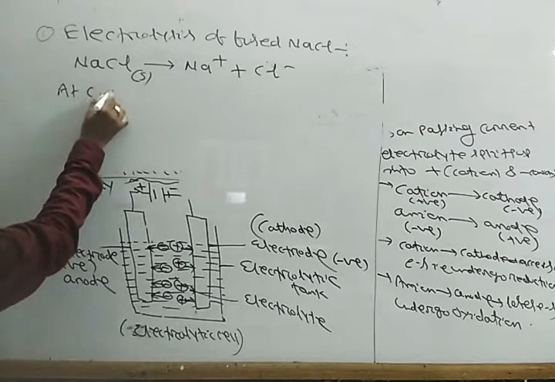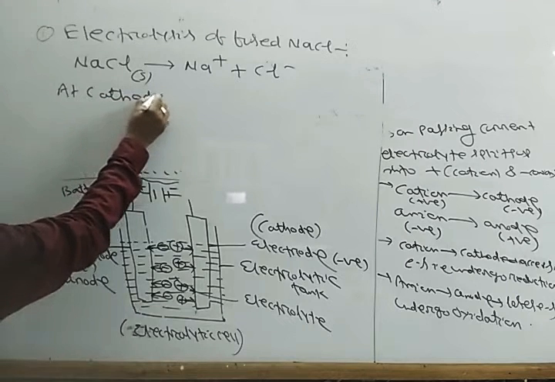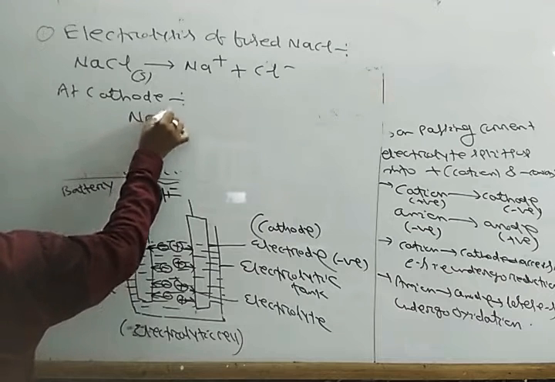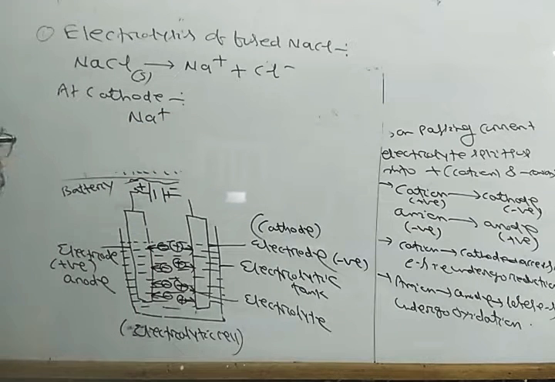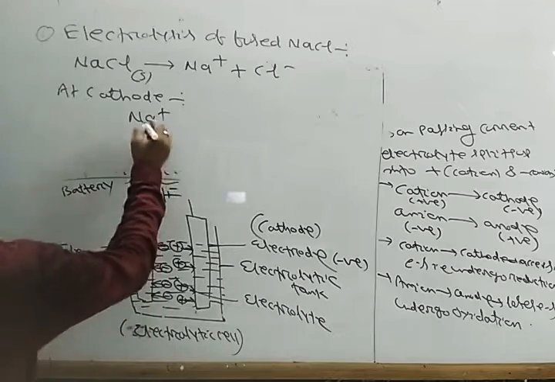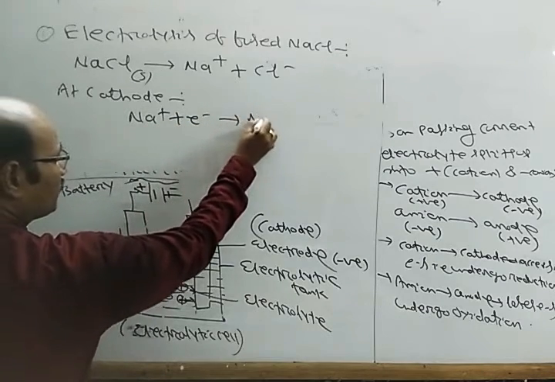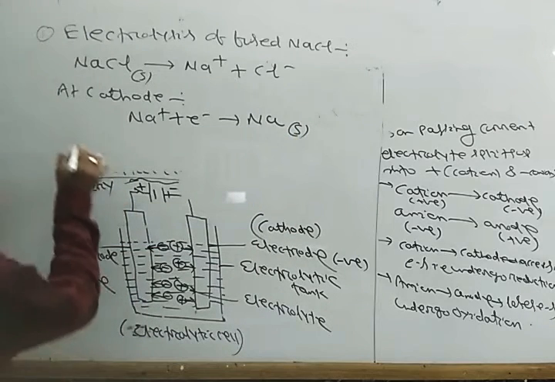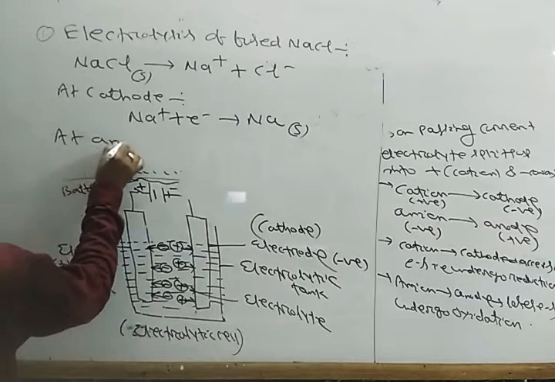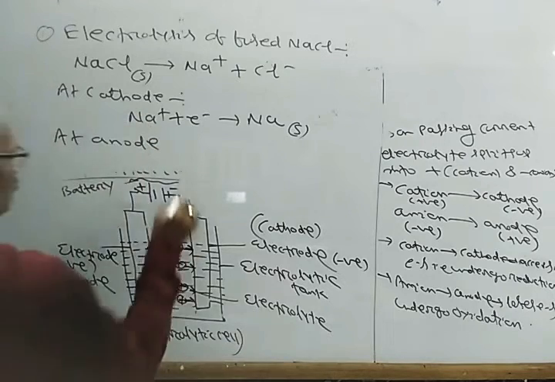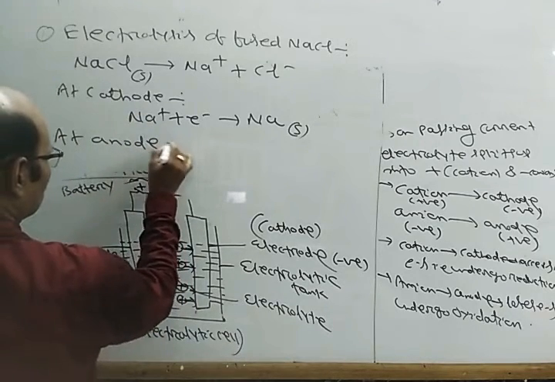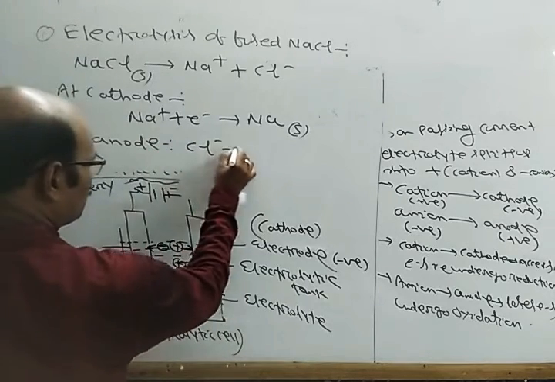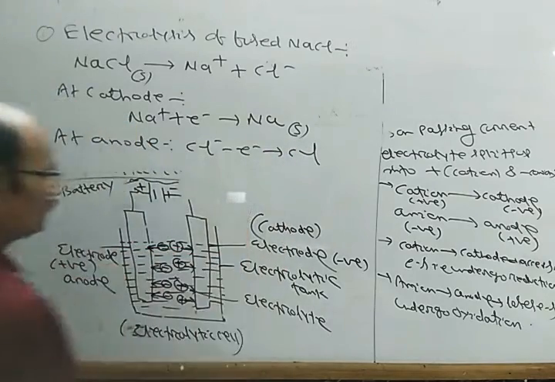Now at the cathode, we have Na plus. The cathode is rich in electrons, so Na plus plus an electron gives Na. At the anode we have Cl minus, minus an electron gives Cl.